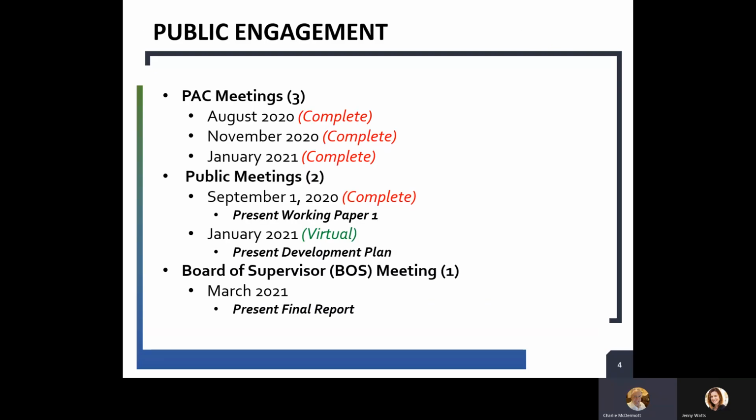We've had a significant public engagement process to date. We have had 3 PAC meetings, and PAC stands for Planning Advisory Committee. They have helped guide us through this process to get to where we are today, sharing the proposed development for the airport. This is our second in a series of public meetings.